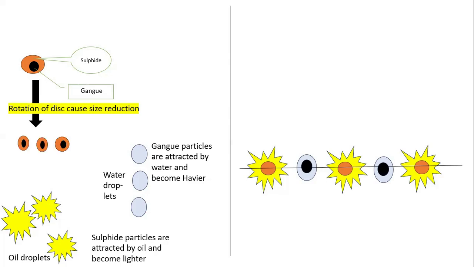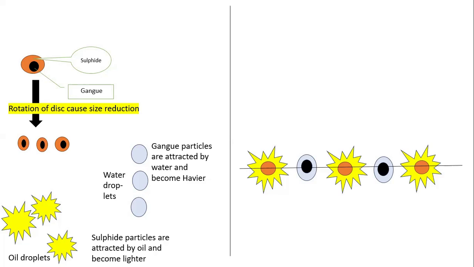Here these are the smaller particles. So these sulfide particles are attracted towards the oil. They are repellent to the water, they do not show their attraction toward the water. They show their attraction toward the oil.